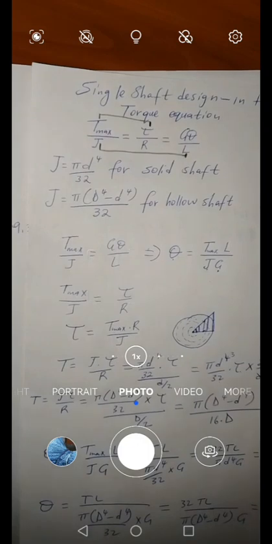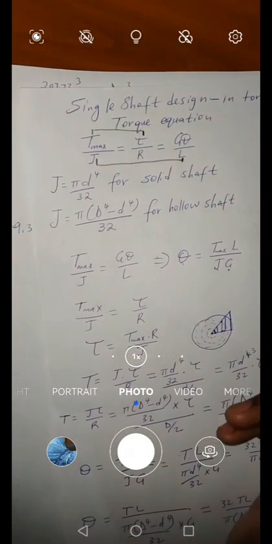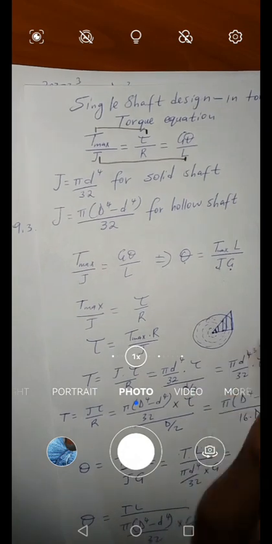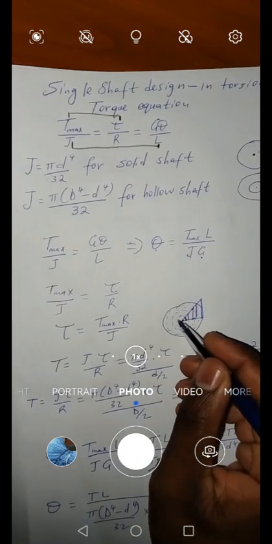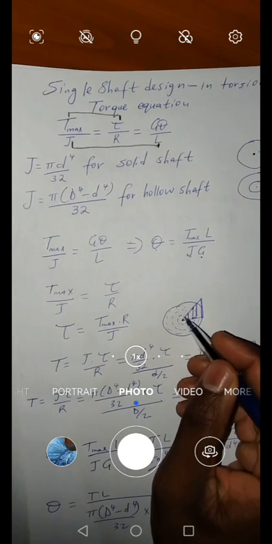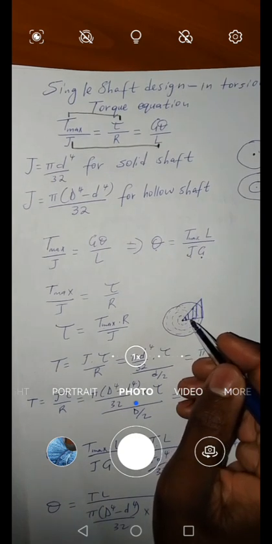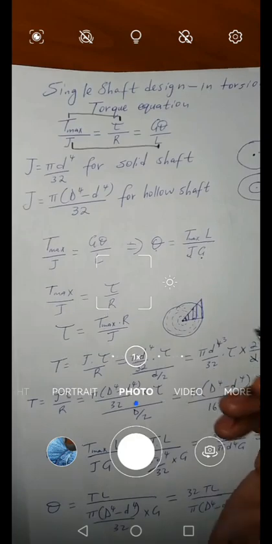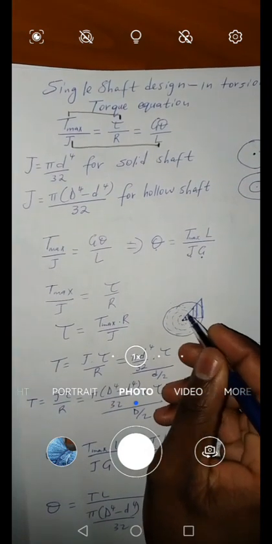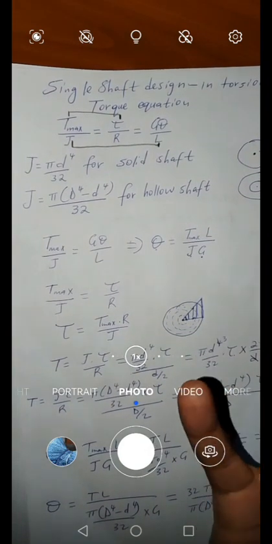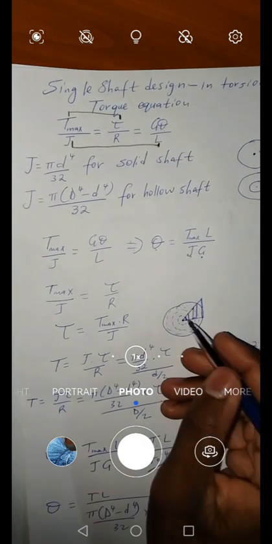Because of that, what we normally do is that we remove this material here. Since this part, the core, is not going to assist that much when it comes to resisting the torsion, when it comes to resisting the shear. This material here at the core is not going to contribute that much.